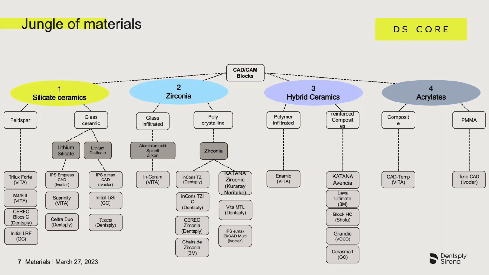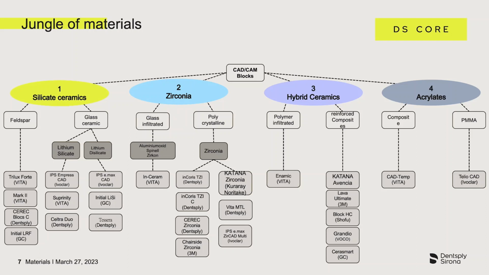Let's take a look at some old acquaintances in the overview. There, in the group of silicate ceramics, we find Empress and Emax, and also initial Lisi and Tessera can be found there. Celtra Duo, Suprinity, Cerec Blocs, Vitablocs Mark II, Triluxe Forte, all terms that the long-term practitioner has certainly heard before.